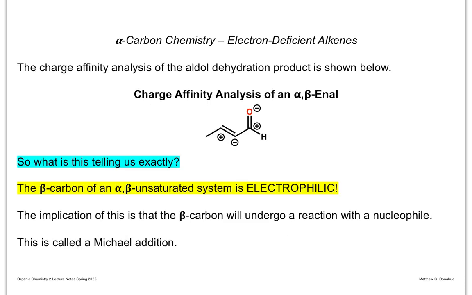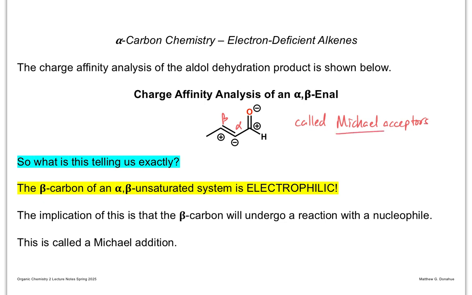So our charge affinity based on the resonance: oxygen negative, carbonyl carbon positive, alpha carbon negative, beta carbon positive. These types of systems are called Michael acceptors.